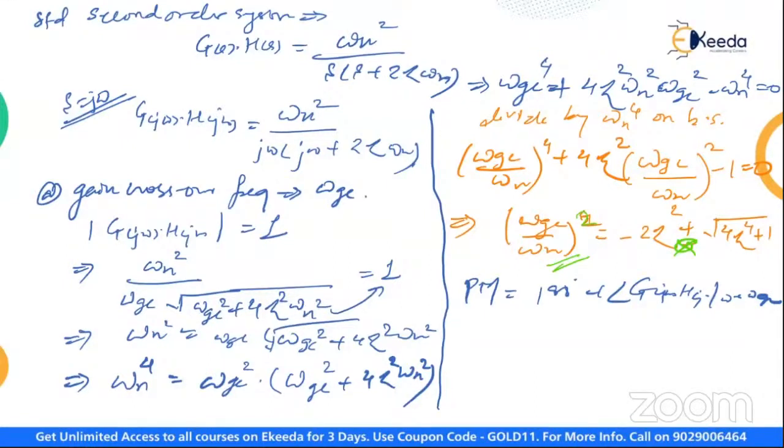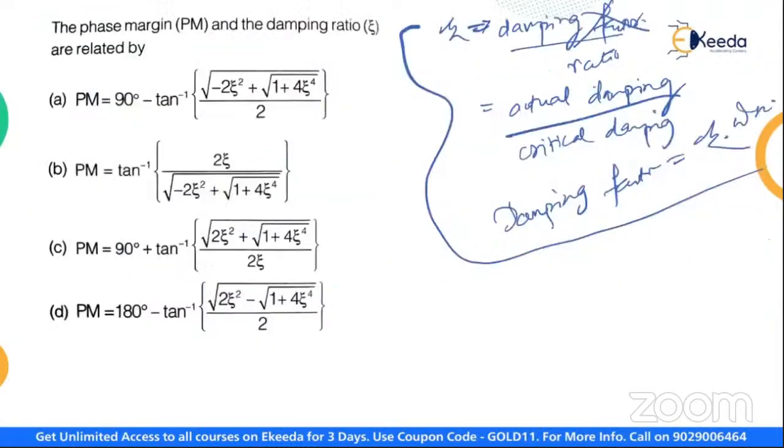Which is equal to how much? 180 degrees minus 90 degrees minus tan inverse of omega upon 2 zeta omega n. Correct or not? Yes. Now, if you solve this further, what do you get?